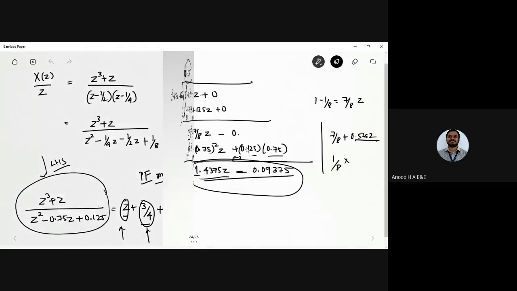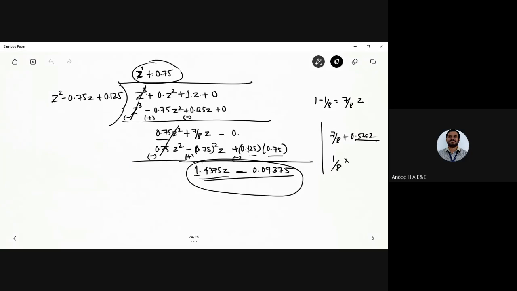So let us go into detail on finding the partial fraction method of it, by partial fraction method.